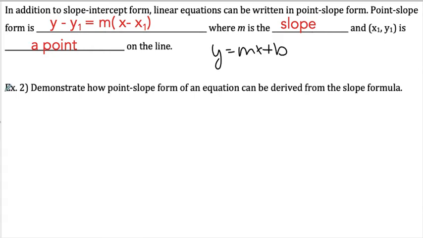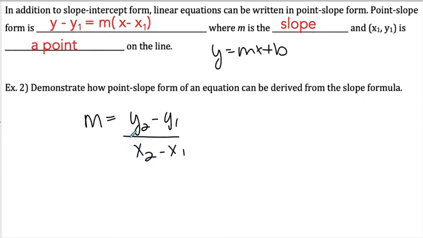And so let's talk about how we could get point slope from the equation that we know about slope so far. So on example 1, we said the equation for slope is that m equals y2 minus y1 divided by x2 minus x1. So this y minus y1 equals m times x minus x1 doesn't come out of nowhere. It's mathematically true. And we already know that this slope equation is true. So what we're going to do is rearrange and get rid of this division portion of the slope formula.